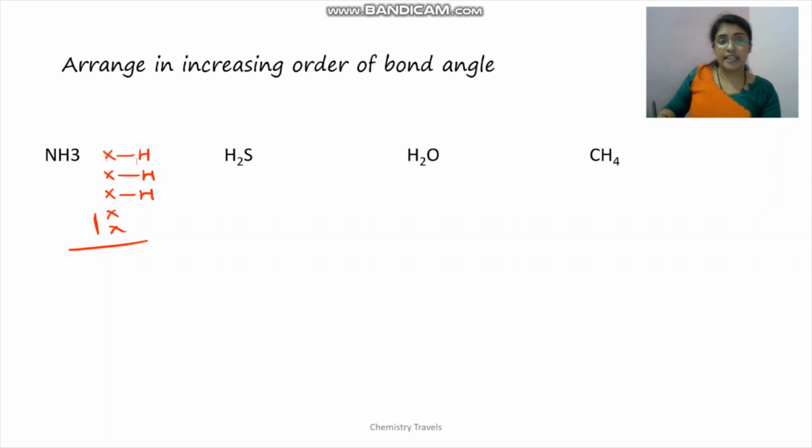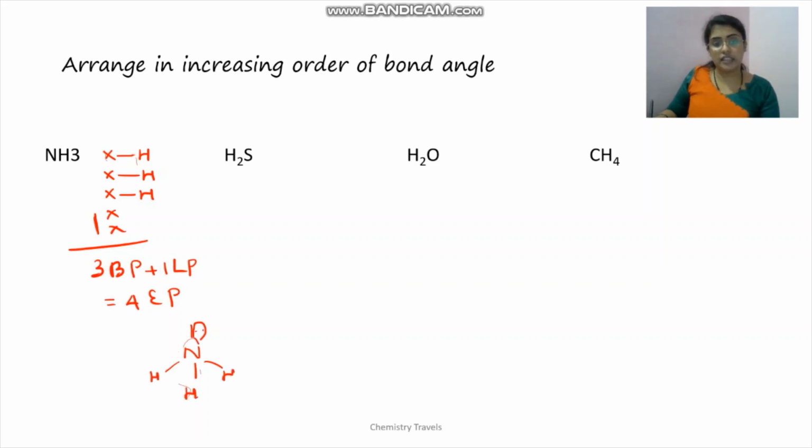So in total I will have 3 bond pairs plus 1 lone pair, which means 4 electron pairs in total. Four electron pairs means a tetrahedral geometry, but because one is a lone pair, the top one would be the lone pair and the others would be hydrogens. This is ammonia. It has a pyramidal shape.